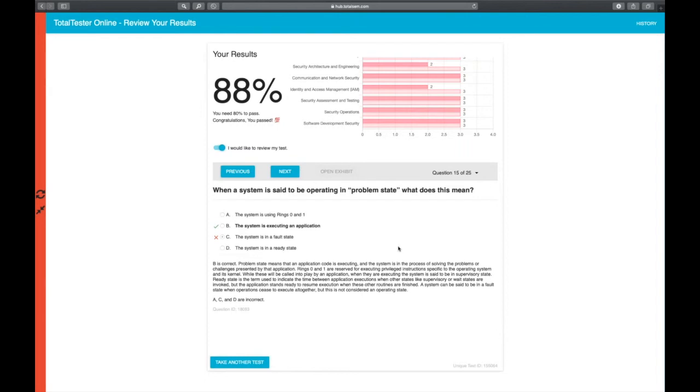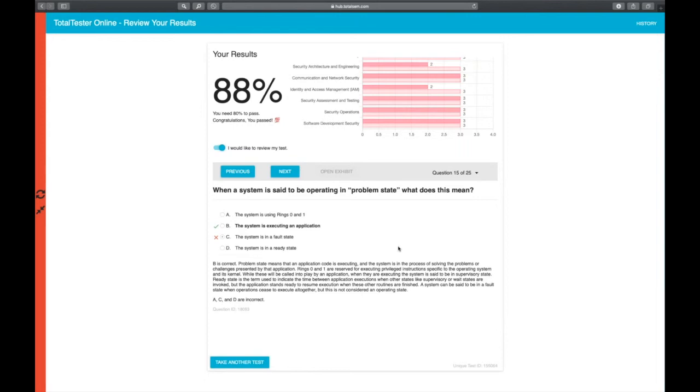Ring 0 and 1 are reserved for executing privileged instructions specific to the operating system and its kernel. That's a good point. While these will be called into play by an application, when they are executing, the system is said to be in supervisory state.